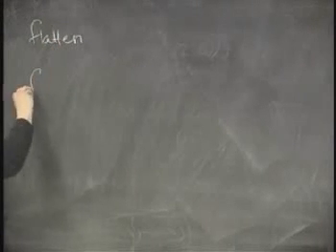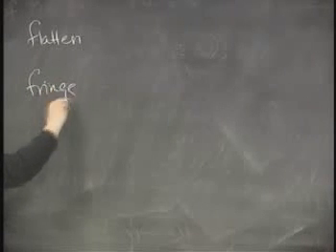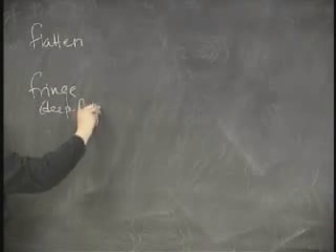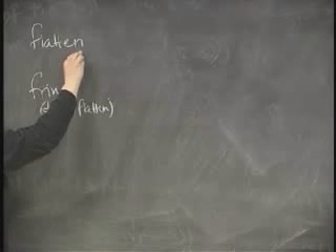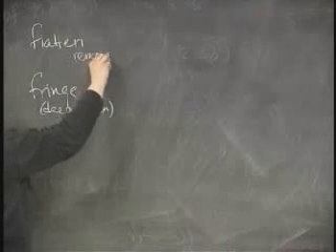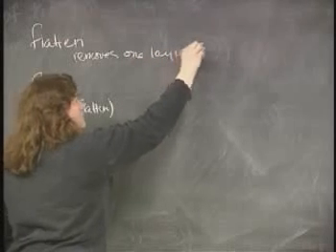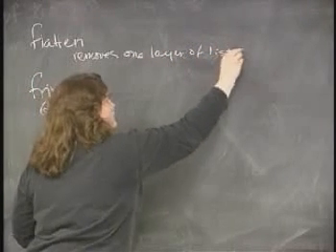So there's flatten and there's fringe, sometimes known as deep flatten. Flatten is going to remove one layer of the list structure.